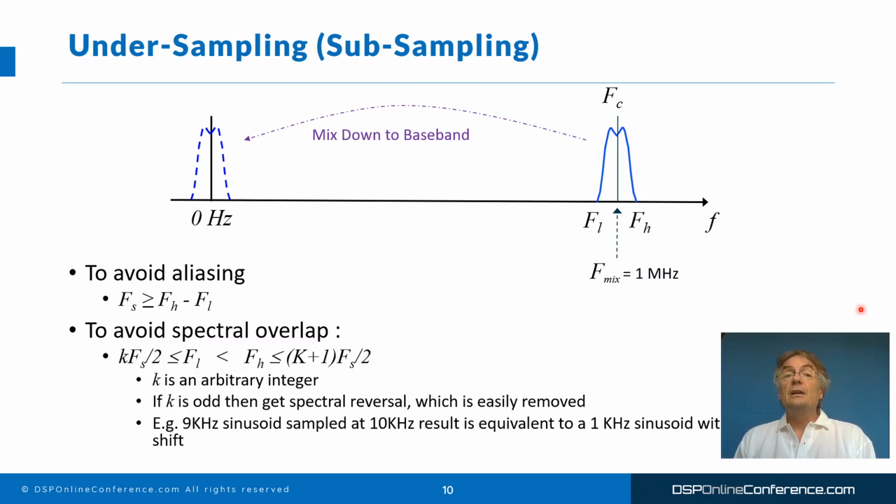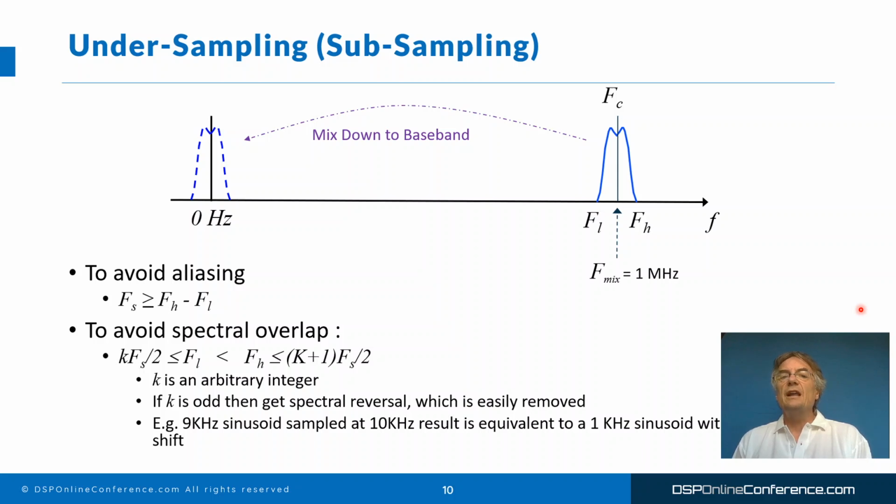So the lower frequency must be greater than the sample frequency over 2 multiplied by k, which is the folding integer, and the higher frequency must be less than k plus 1 times fs over 2. What does this mean? Basically, k is the folding integer.